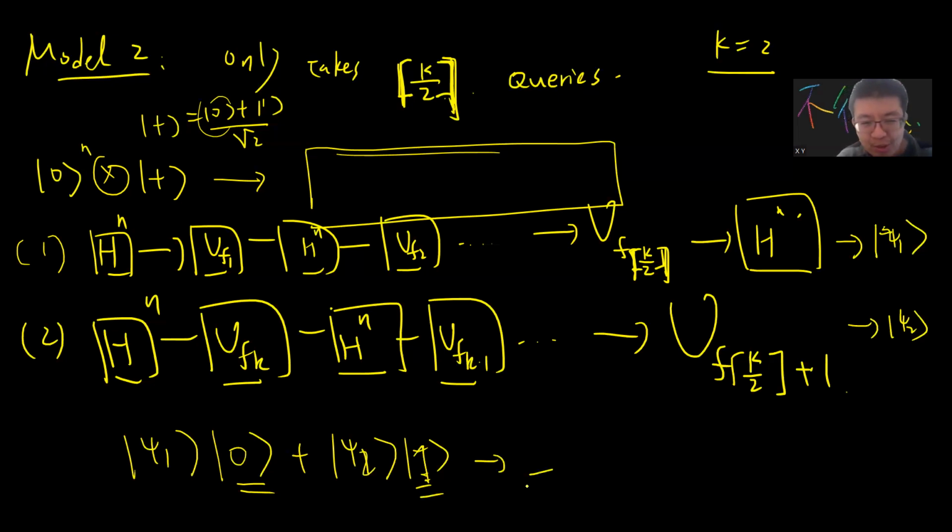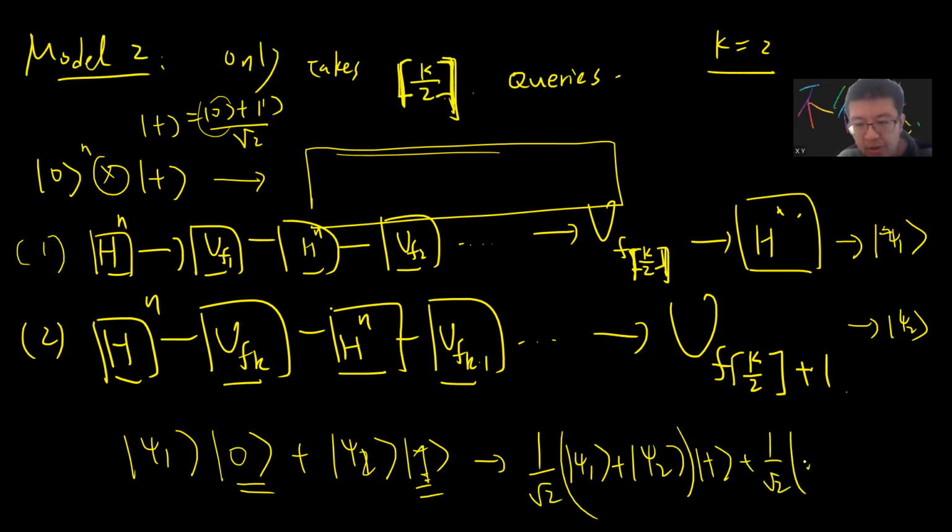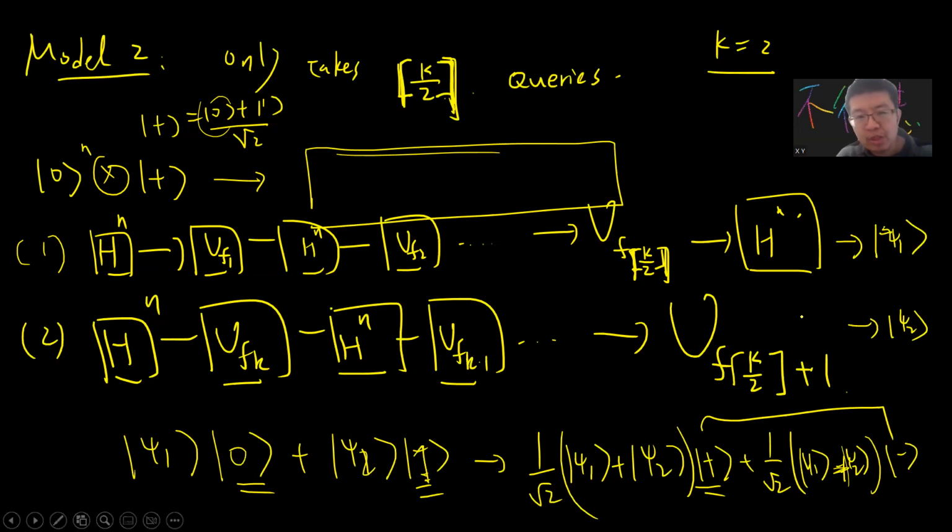Okay, so this means that you can write it as 1 over square root of 2 (psi 1 plus psi 2) plus, and 1 over square root of 2 (psi 1 minus psi 2) minus, and then you measure the second qubit in the plus or minus basis, and the result is amazing.